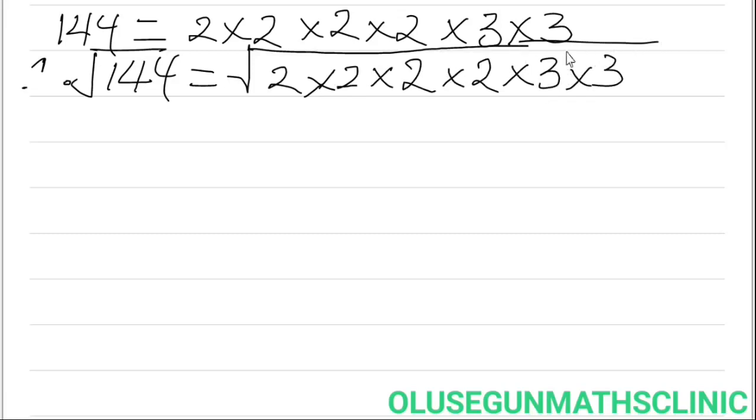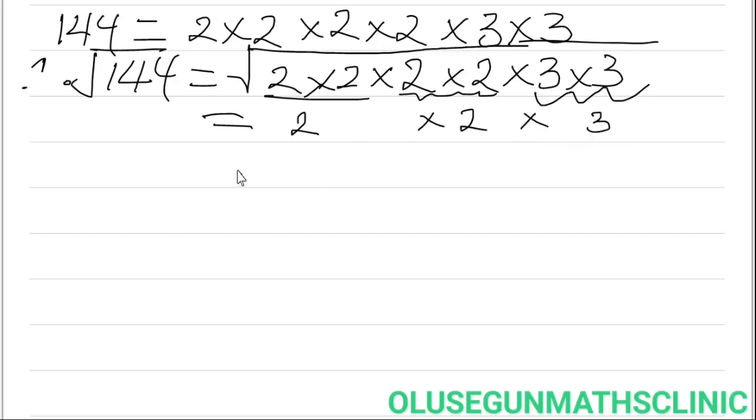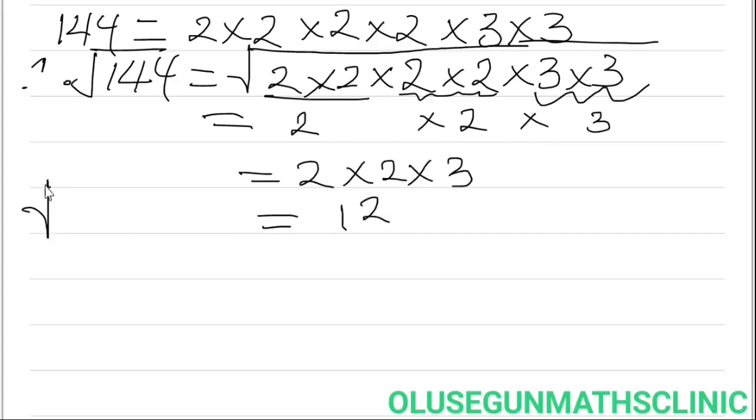Now you see that every one of these values occurs 2 times. So let's select one of each: 2 times 2 times 3, which gives us 12. So the square root of 144 is equal to 12.